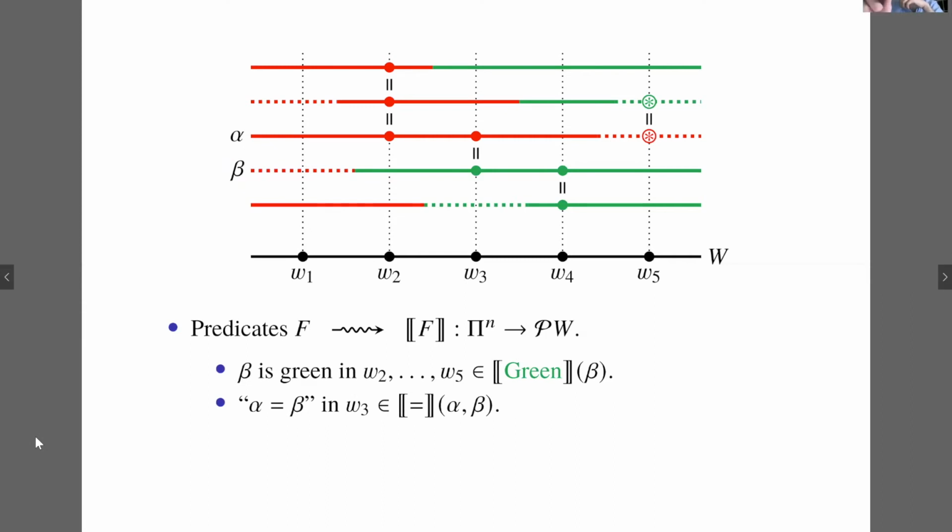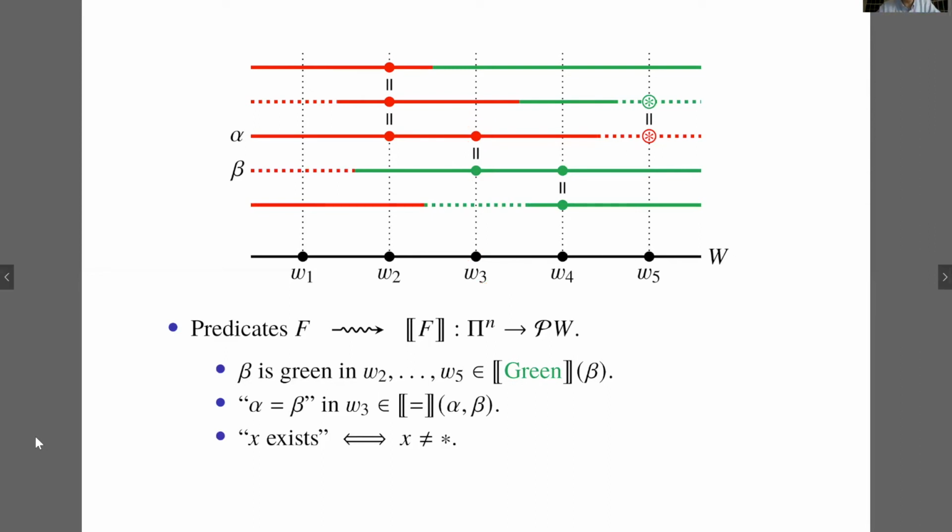Alpha equals beta is true in, okay, so on top of this, identity is interpreted by extensional identity of individual intentions. So here, alpha equals beta is not generally true, but when you look at this possible world W3, then they happen to have the same extension.